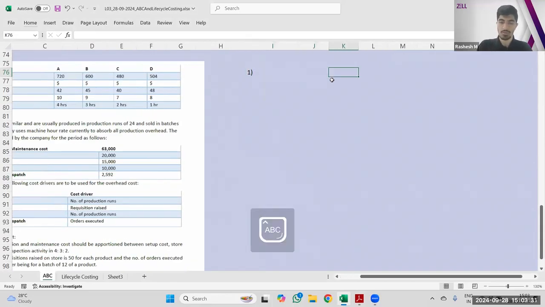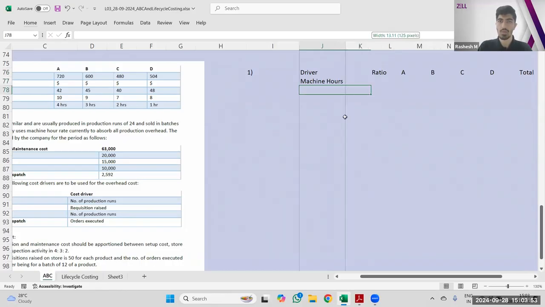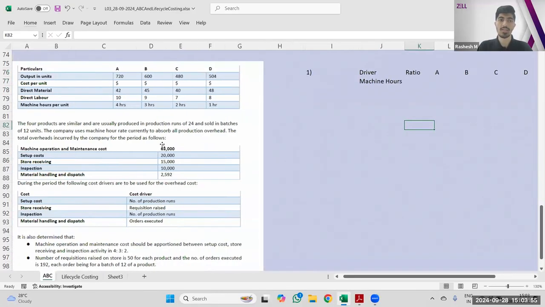We have 4 products, products A, B, C, and D, and we have our total cost, right? Our driver is going to be machine hours. And our ratio, we'll come to it. All right. Can someone tell me what the total fixed overhead is coming to?